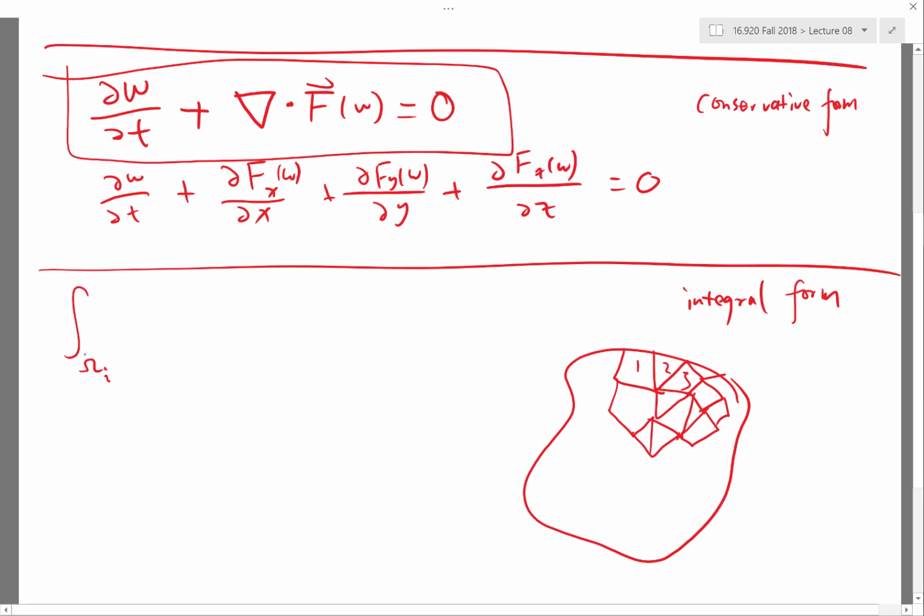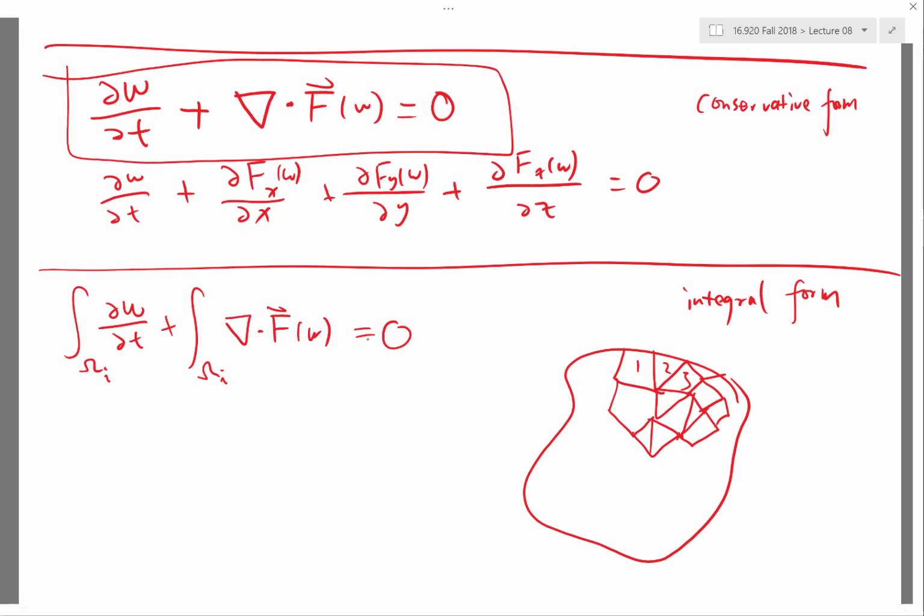So if you integrate the differential equation over any one of these volumes, the integral should still be equal to 0, right? Because point-wise, if the differential form is satisfied, then the integral form is also satisfied. But if the integral form is satisfied, I'm not sure about the differential form, because the solution may be discontinuous.